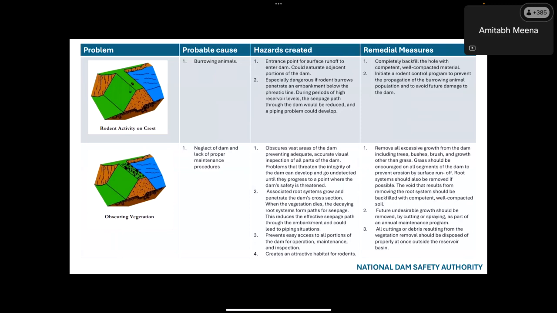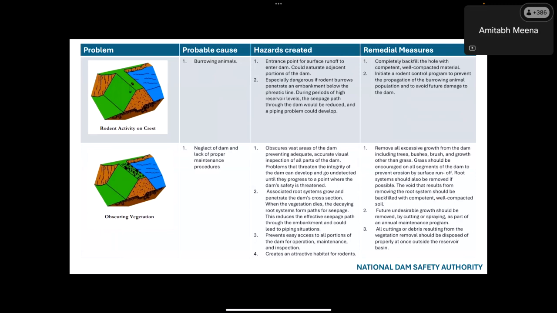Similarly, these potholes were created due to some rodent activity. So these holes have a similar effect.